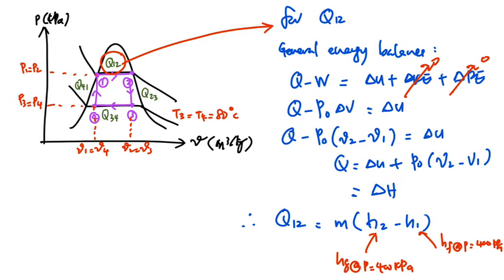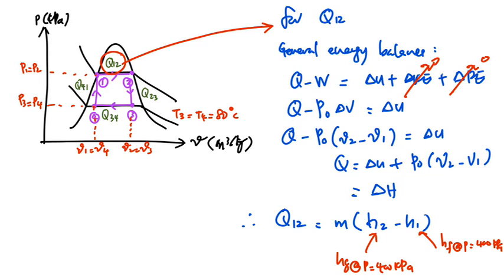Considering the pressures P1 and P2 are equal to 400 kPa, we directly refer to table A5. At P equals 400 kPa, and H2 at the state of saturated vapor, you will get the value of Hg.